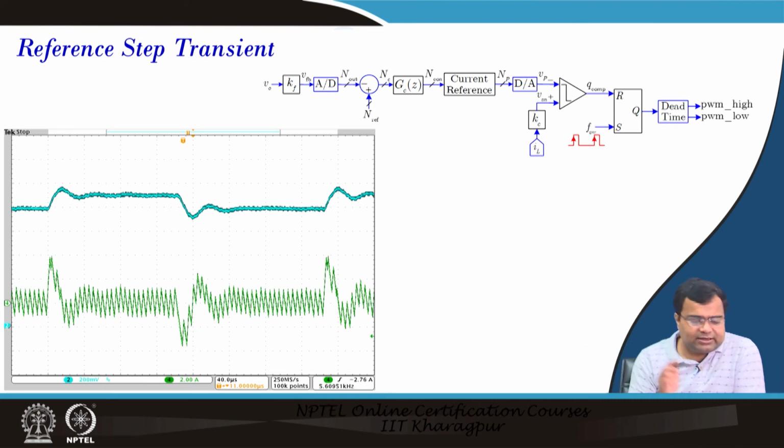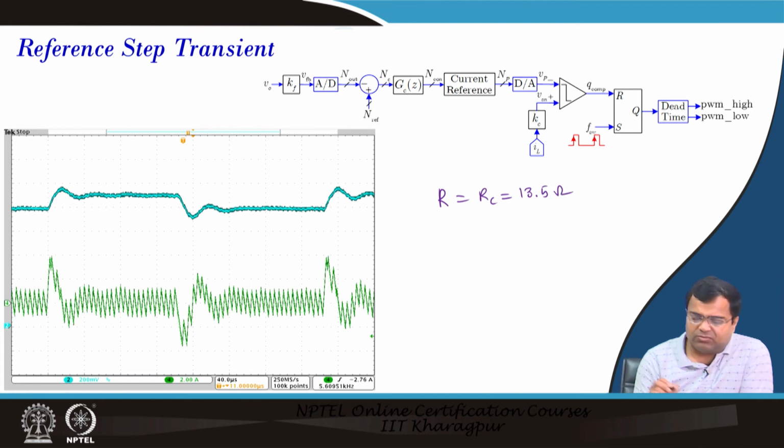The reference transient is also considered, where we have set the load resistance to RC, the fixed load resistance of 13.5 ohm. In this case the reference is 1 volt and then 1.1 volt, so we will have some additional overshoot in the output voltage.